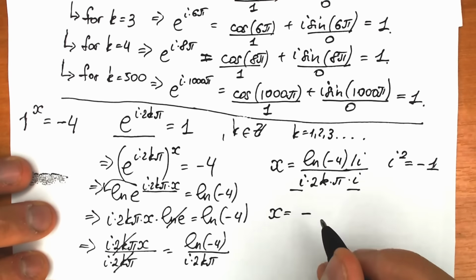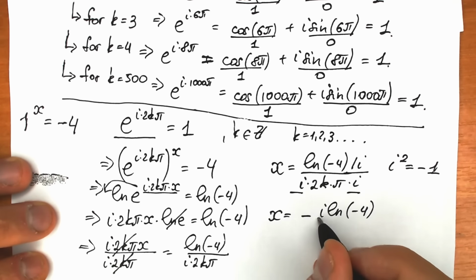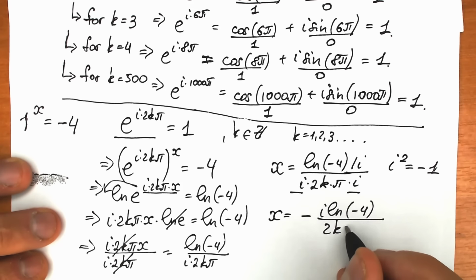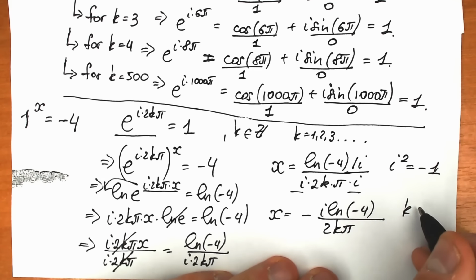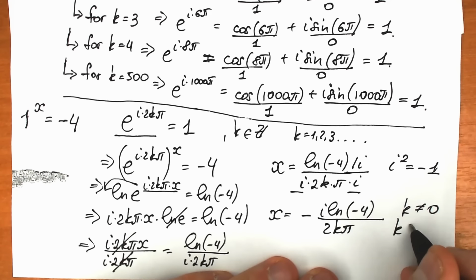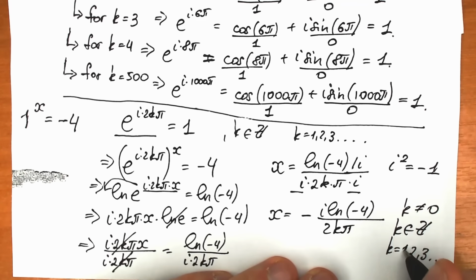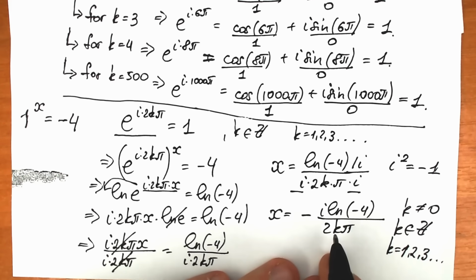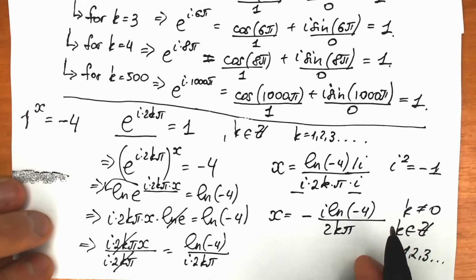So we have minus i natural log of minus 4 all over 2k pi, where k is not equal to 0, k is an integer, for example 1, 2, 3, and a lot of these values. So this is our first step. We find our x equals minus i natural log of minus 4 all over 2k pi.